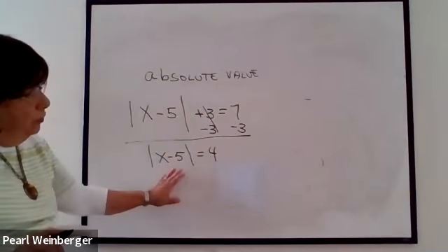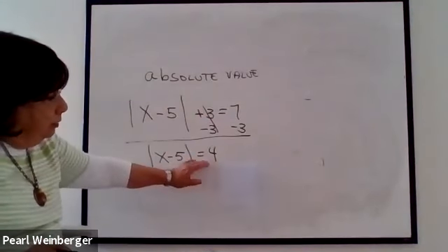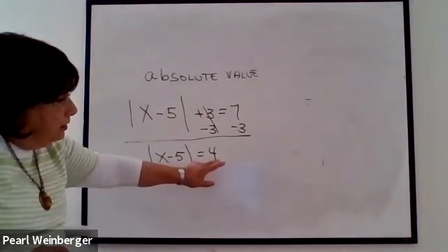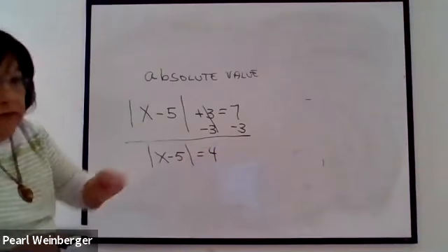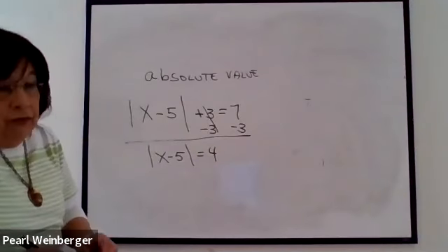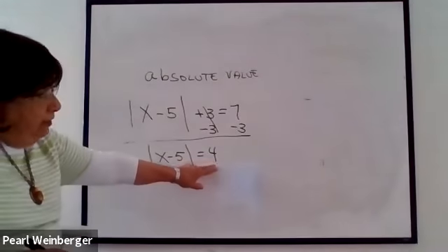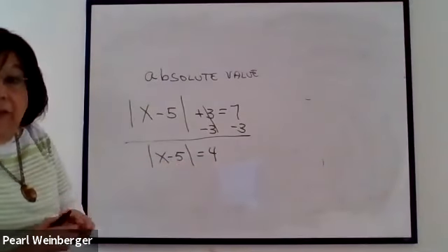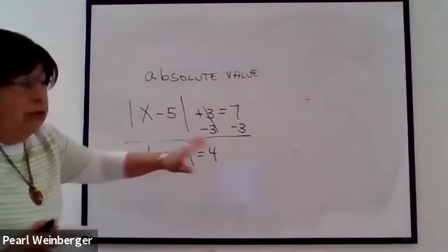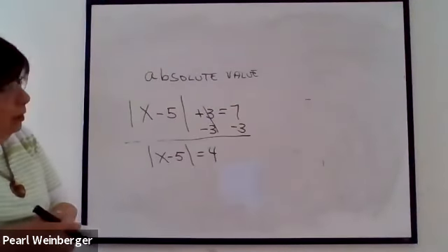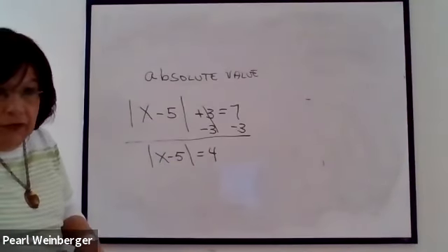Once I have the absolute value by itself, I look at the absolute value is equal to a number. This number that it's equal to has to be positive. It might be 0, but it can't be a negative number. If this is a negative number, I stop right there. There's no solution. It's impossible for the absolute value to be equal to a negative number. Well, in this case, it isn't equal to a negative number. It's equal to a positive number.